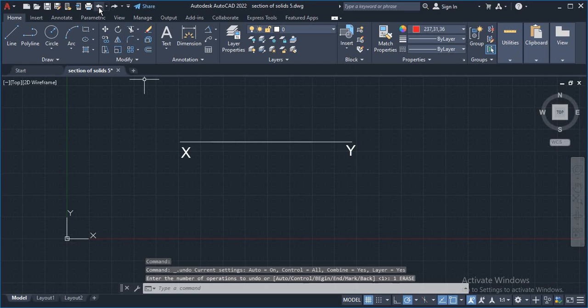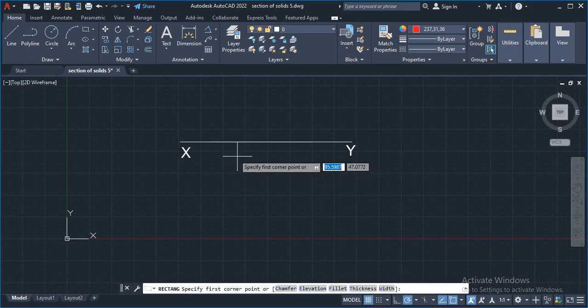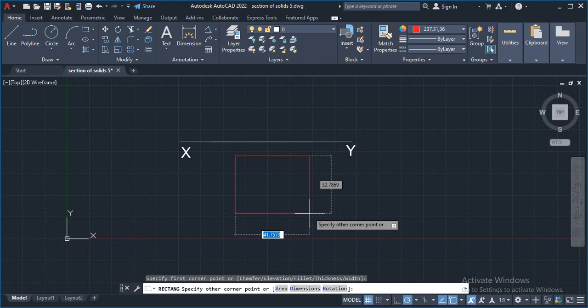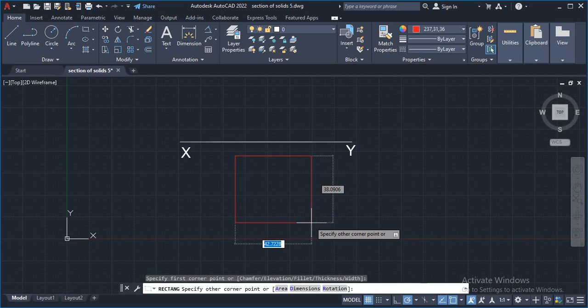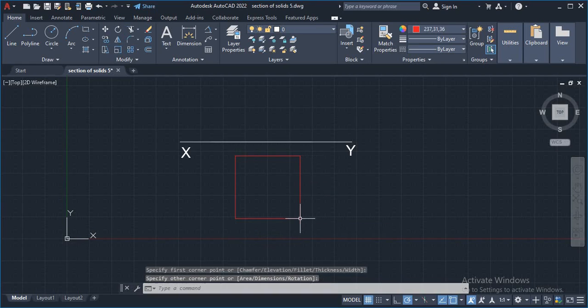To construct the cube, if you draw the cube like this, when you draw the front view and cut it, we will not get the hexagon shape.